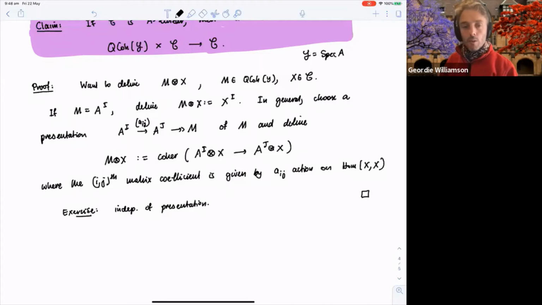And it's worthwhile in this particular case, just thinking, imagine that we have an action of quasi-coherent sheaves. Can we recover our A action? So we can also go back.